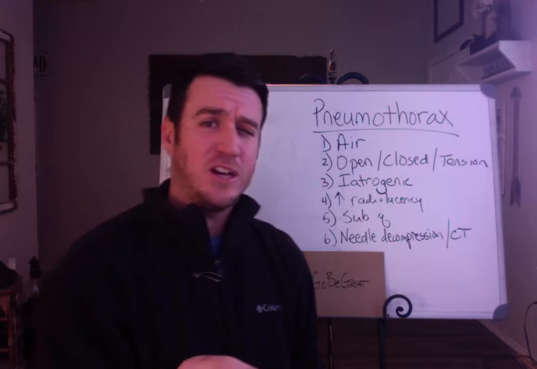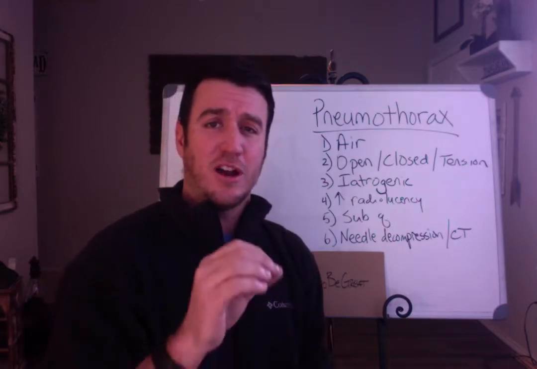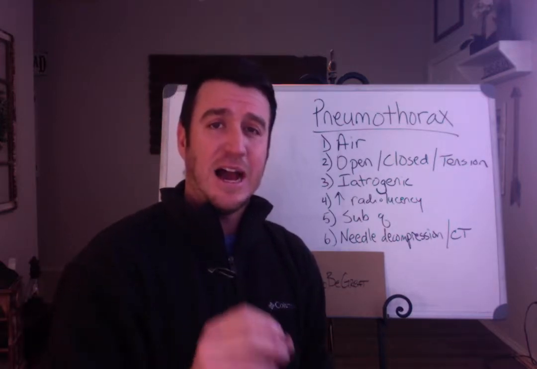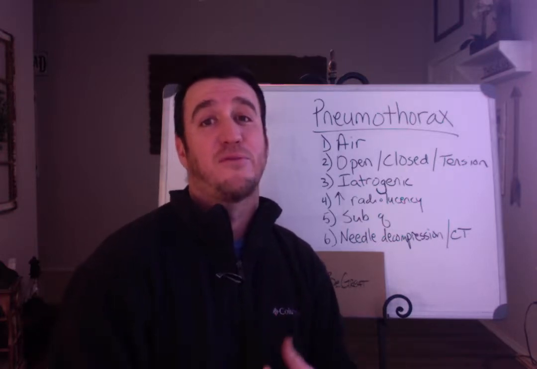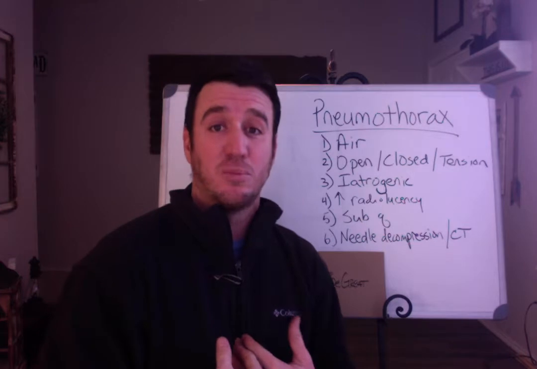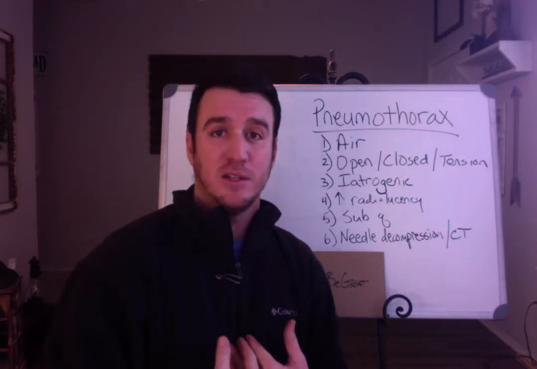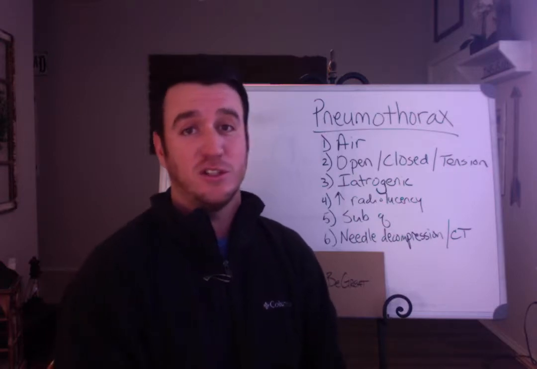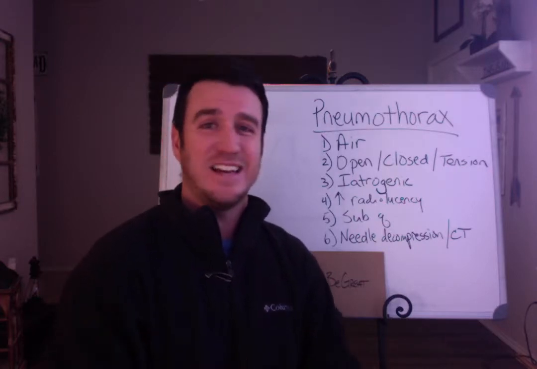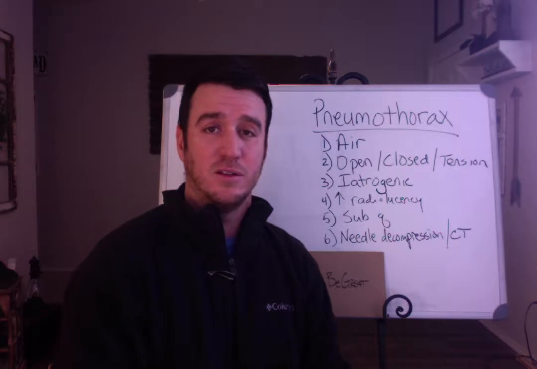The next term I want to talk about is iatrogenic. Iatrogenic means that this pneumothorax resulted from a medical procedure, meaning we caused it. A patient that's in a car wreck, gets thrown from the car, hits a tree, and has a pneumothorax, that's not an iatrogenic pneumothorax.